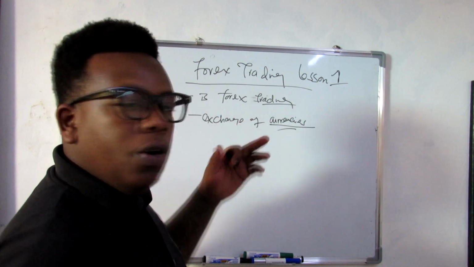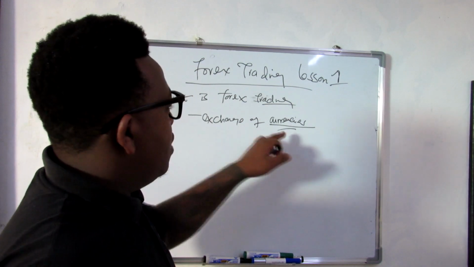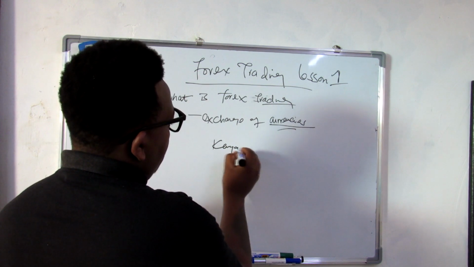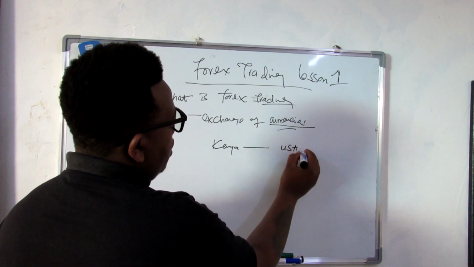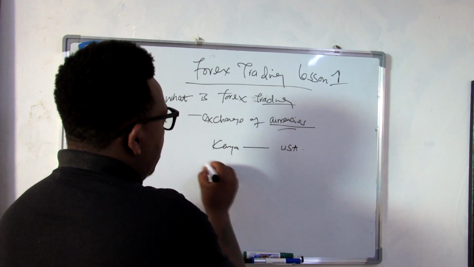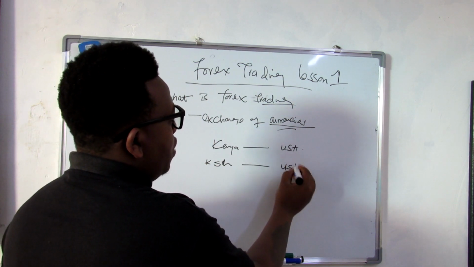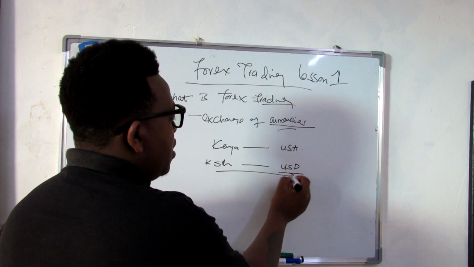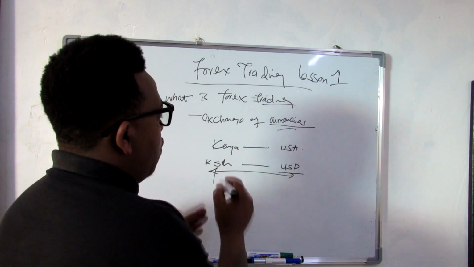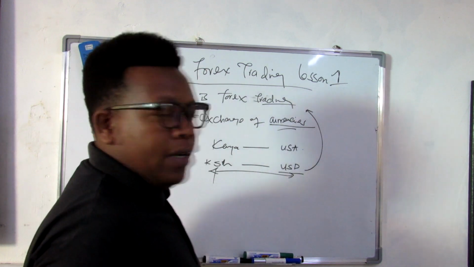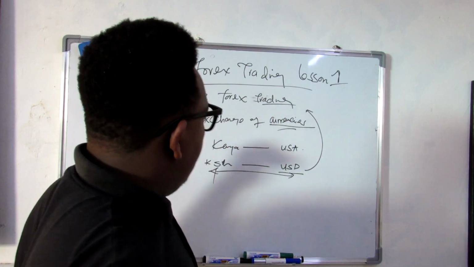The basic definition of Forex trading is just the exchange of currency. For instance, if you move from Kenya to the United States, you have your Kenyan shillings, and when you get to the United States you'll have to convert them into USD. So this basic conversion of one currency to the other is what we call Forex trading. Hopefully that's clear. So let's proceed.